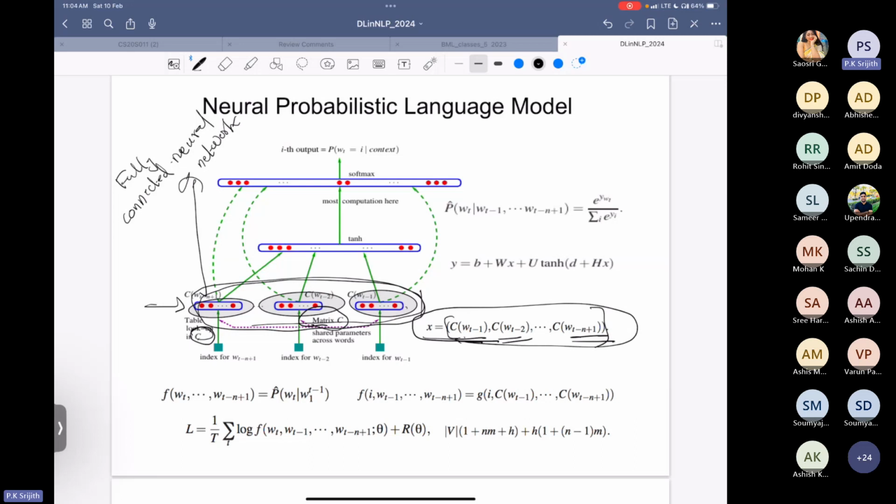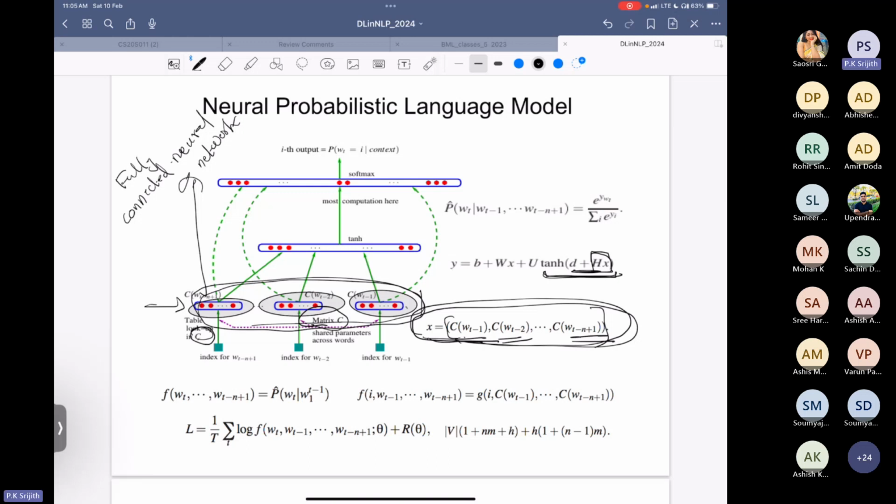Now, when you pass that as input to this neural network, it is a very simple neural network with maybe one layer. First, you multiply this vector representation by some matrix H, add some bias, and pass it through a nonlinear activation function, the tanh activation function, to get a representation at the first layer.